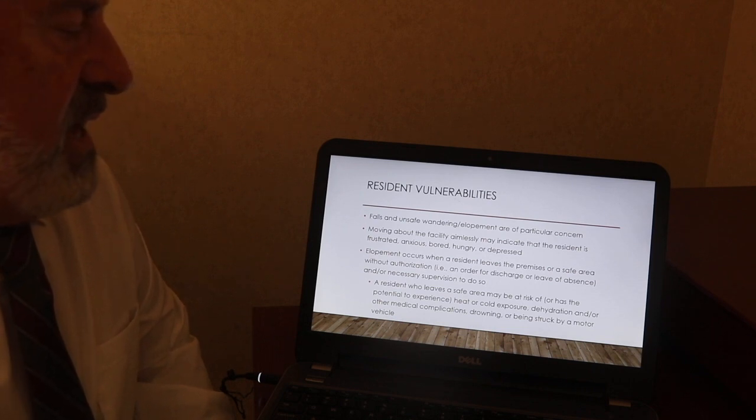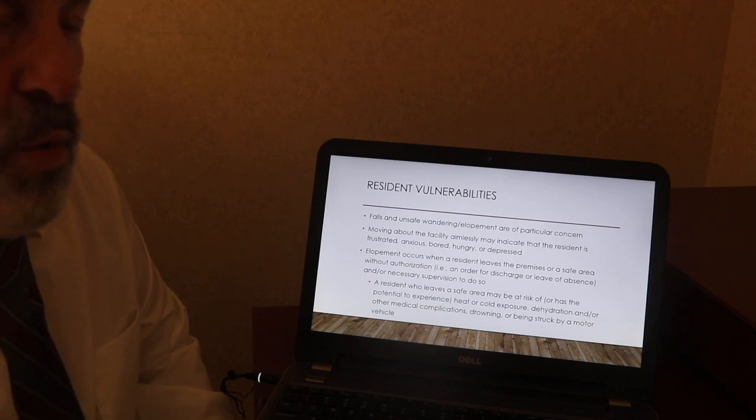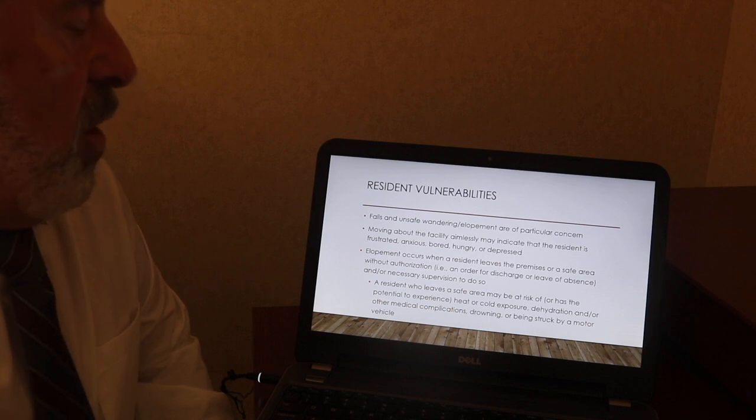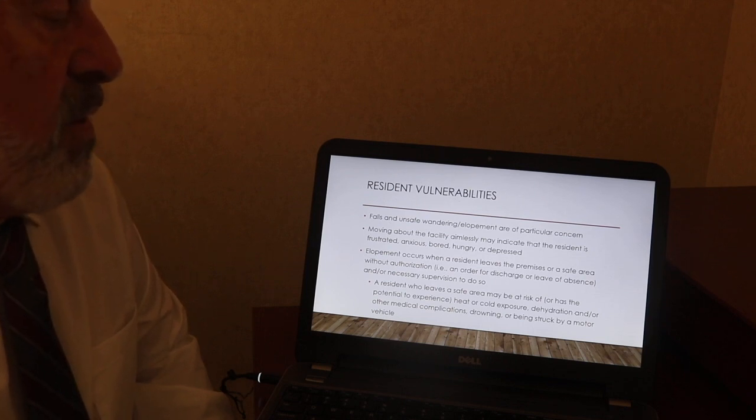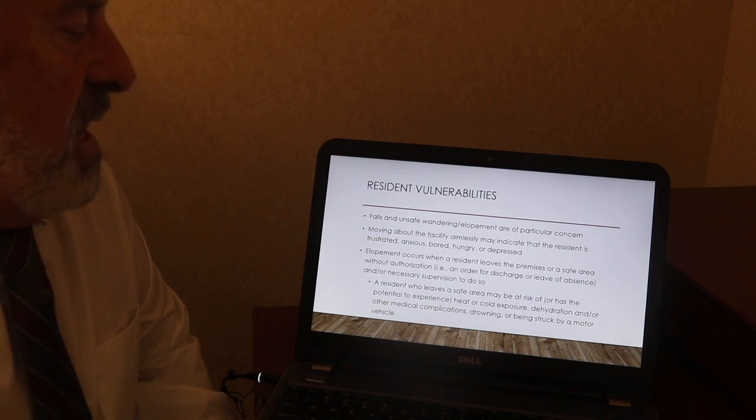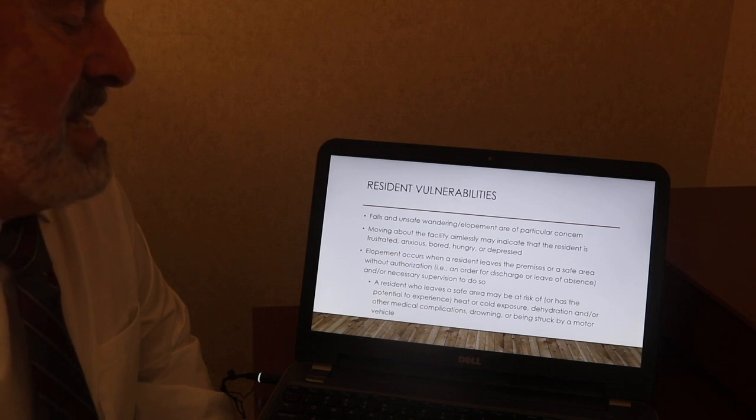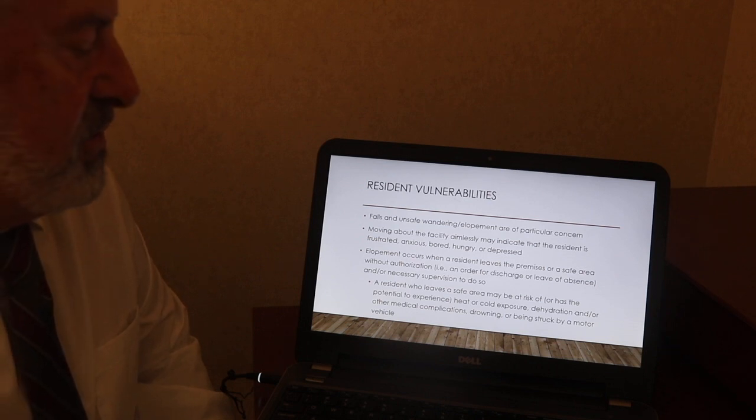Moving about the facility aimlessly may indicate that the resident is frustrated, anxious, bored, hungry, or depressed. Elopement occurs when a resident leaves the premises or a safe area without authorization, in order for discharge or leave of absence, and/or necessary supervision to do so.